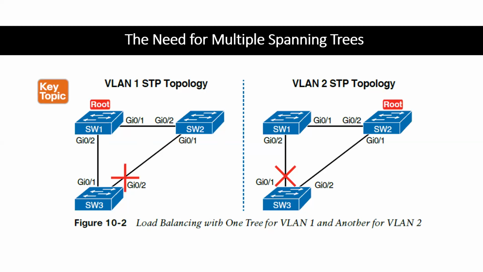If VLANs didn't exist, we would just have a switch that connects everything together from a layer 2 perspective, and without VLANs, all ports are respective to each other. Now that we have virtual local area networks, we can assign different ports to different VLANs.